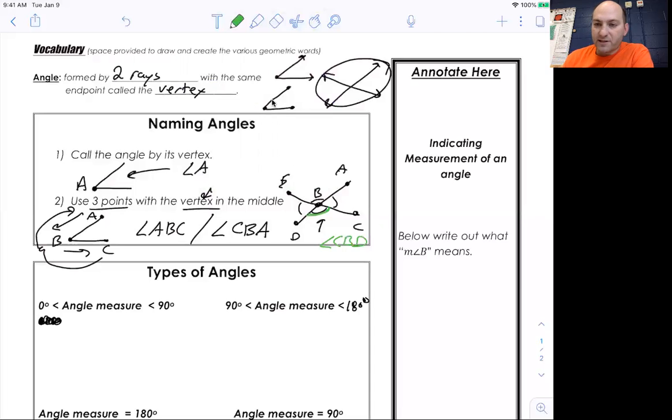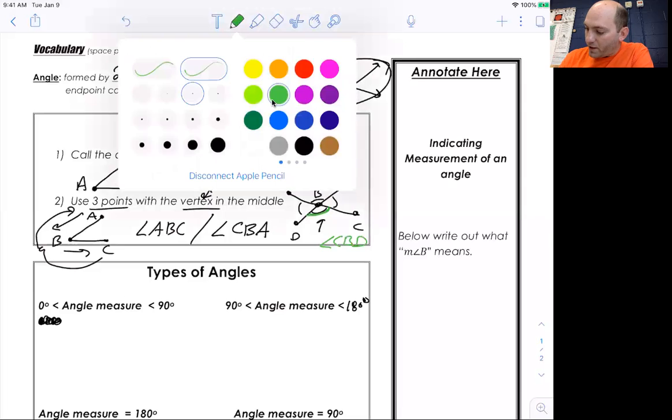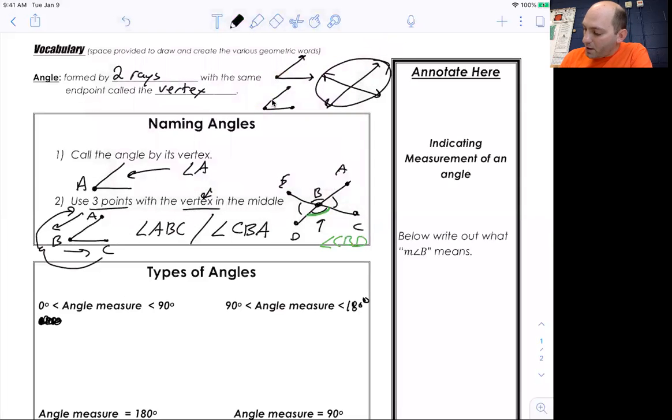Before I get to the next section, let's talk about over here in this annotate part, indicating the measurement of an angle. So far when I talk about naming, I'm talking about the physical angle. Like where is that on my paper? Okay, where's angle DBC? It's right here at that spot. Okay, but if I talk about a measurement, I'm talking about the degree measure. So we're talking about something, it could be 30 degrees. It looks about, a little skinny angle. 90 degrees looks like this.